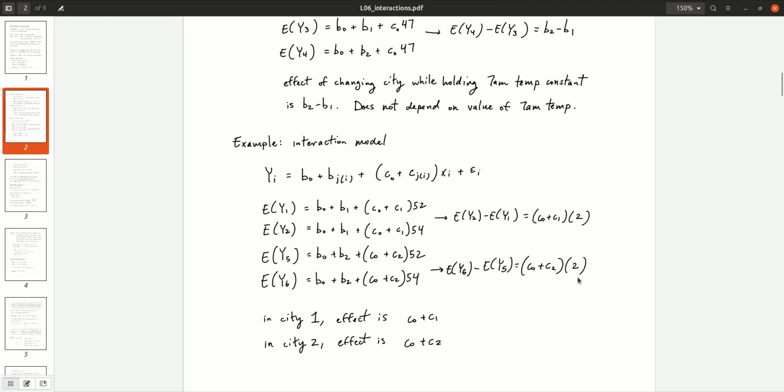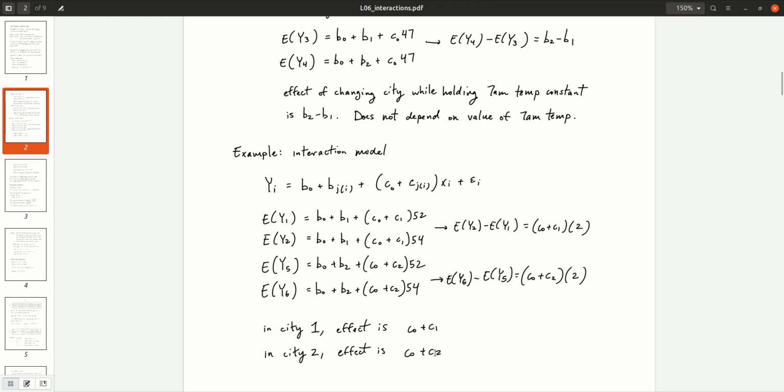So we conclude from this that the effect of changing the 7 a.m. temperature on the expected response depends on which city you're in. And that is the defining feature of having an interaction between city and 7 a.m. temperature. So just to summarize, in city 1, the effect of 7 a.m. temperature, which is the slope, is C0 plus C1. And in city 2, it's different. It's C0 plus C2.